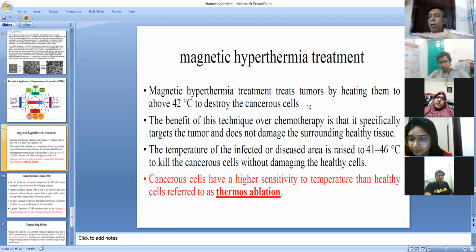Now, if we remove the external magnetic field, the iron oxide will not have any magnetic moment, because these iron oxides are nanomaterials. If it is a bulk material, then if you place an external magnetic field on the iron oxide and then remove it, there will be some remnant magnetization in the iron oxide.